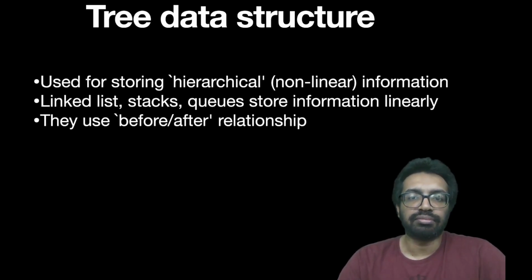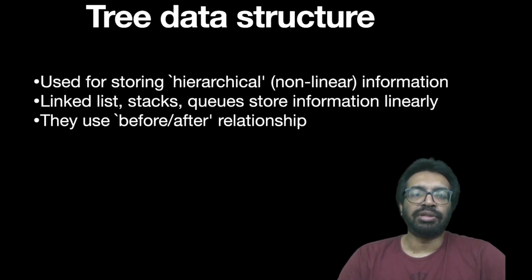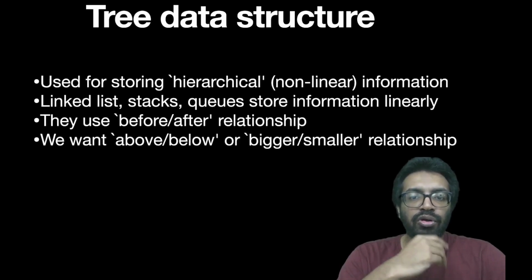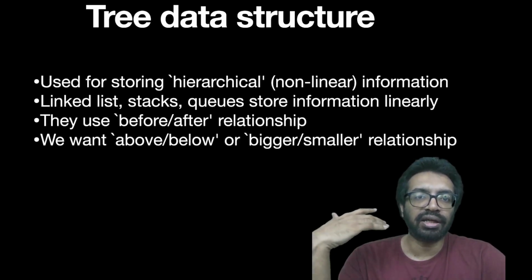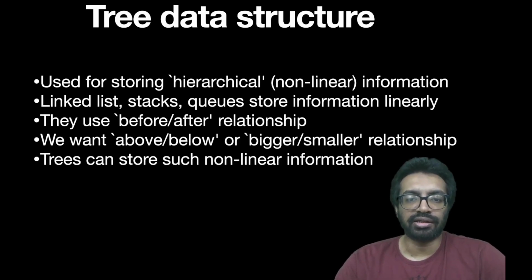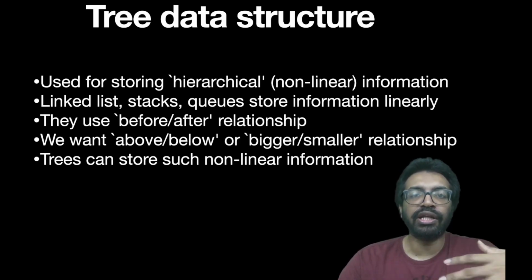like an array, right? But sometimes we need to store information above and below, or things like bigger and smaller. This is where we need a data structure like a tree, and such trees can be used for storing such non-linear information.